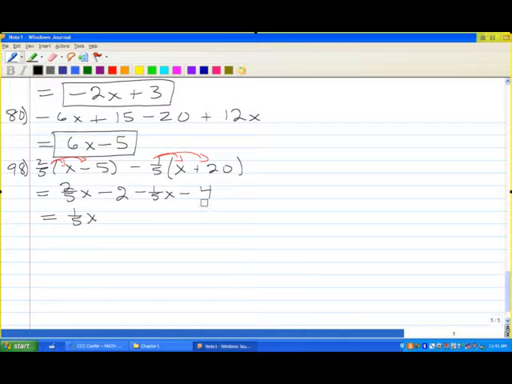Negative 2 minus 4, these are like terms. I can combine them. Negative 2 minus 4 is a negative 6. The 1/5 x and the 6 are not like terms, and so we do not combine them. Therefore, I've simplified this as much as possible: 1/5 x minus 6.